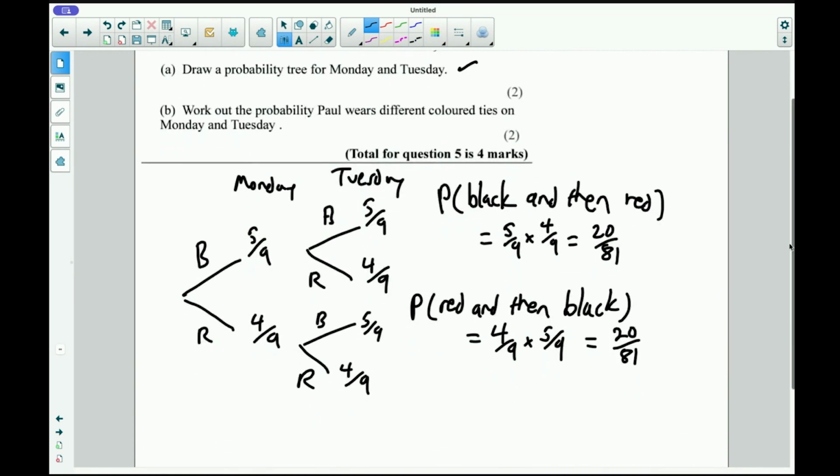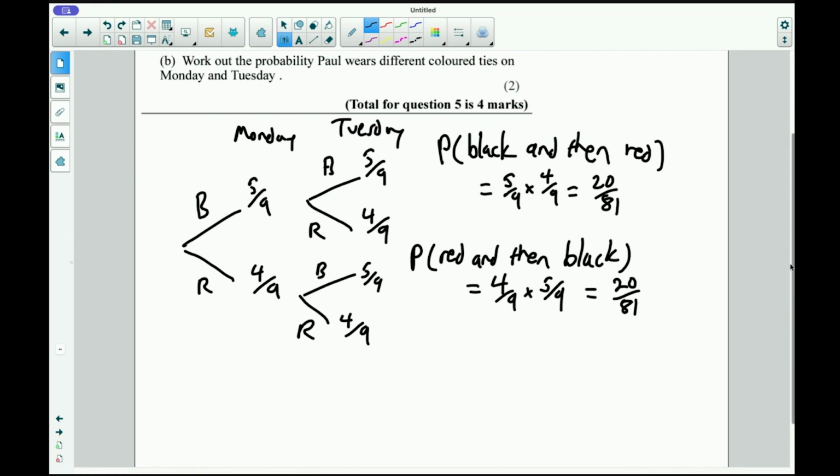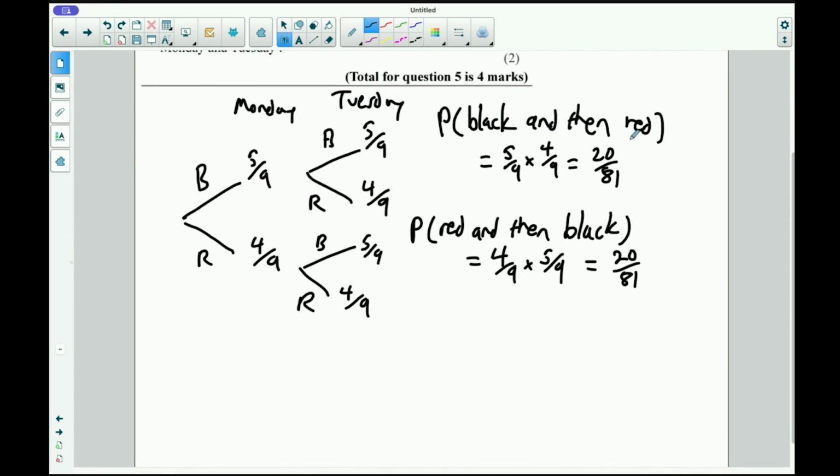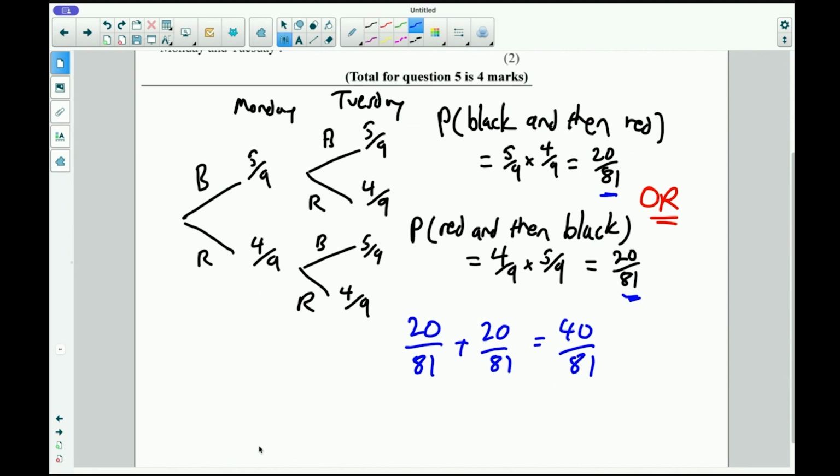But we can see here that he can go black and then red, or red and then black. So what we need to do with these two probabilities is simply add them together. Okay, so 20/81 plus 20/81 gives us 40/81 as our final probability there.